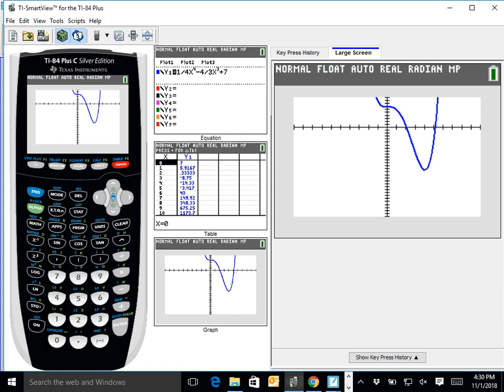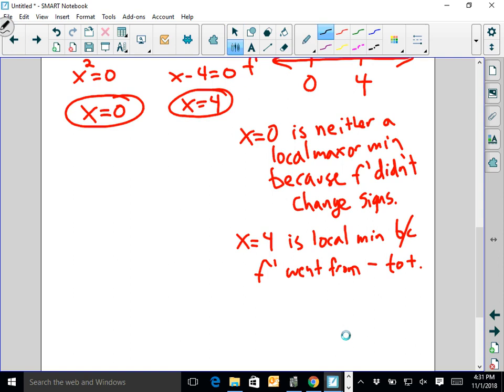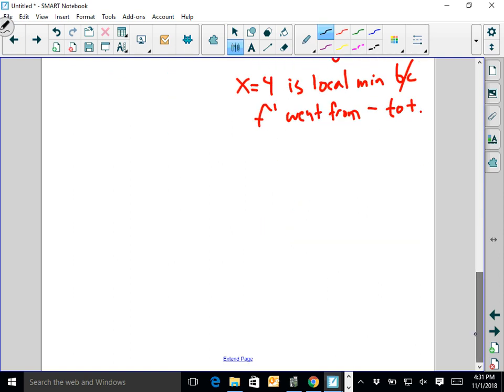My next question for you is this. We're sticking with the same function. Let's see, how do I want to do this? So part B, we'll call it.